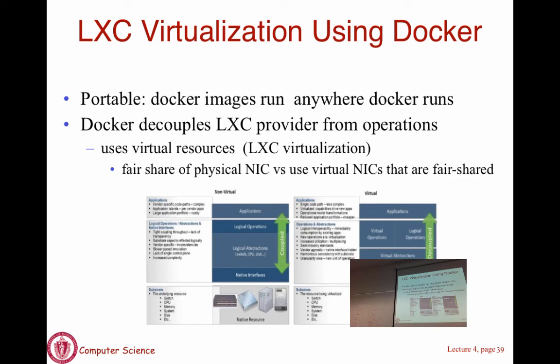One is more portable than the other because in the first case, this is directly tied to the physical card on this machine. If I take this container and I put it on some other machine, this mapping going to that physical card will break on that other machine. In this case, the mapping goes to a logical interface that you can move because that's not tied to the physical Ethernet card. That logical Ethernet card can simply be remapped to the physical Ethernet card.